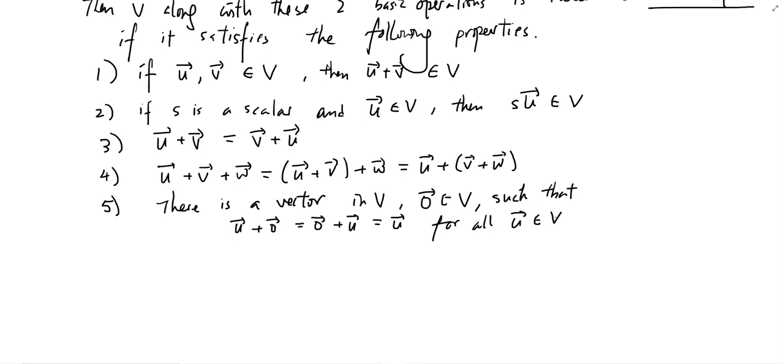We have to have an identity element that allows me to add anything to it and it stays the same. In this case, you can think of the 0 vector as the number 0 in our number system.